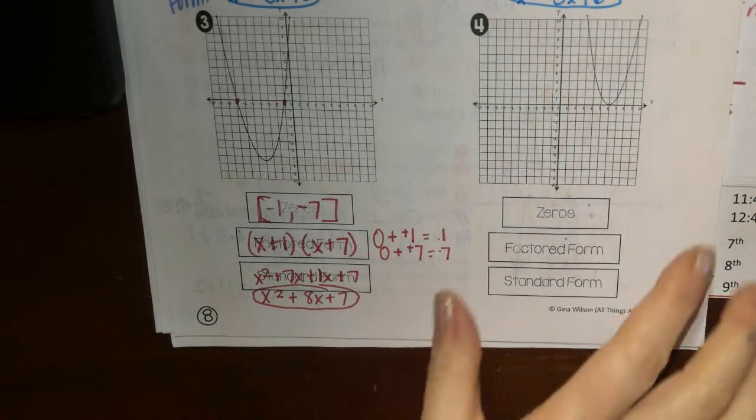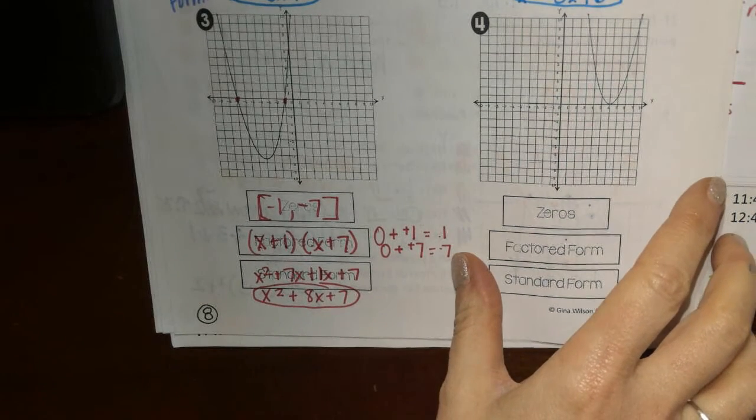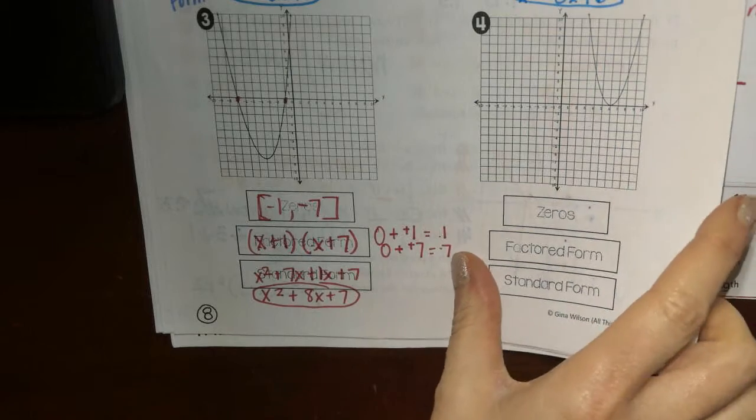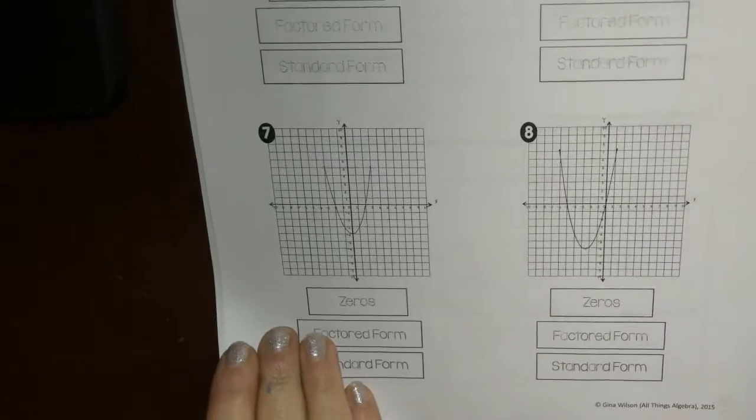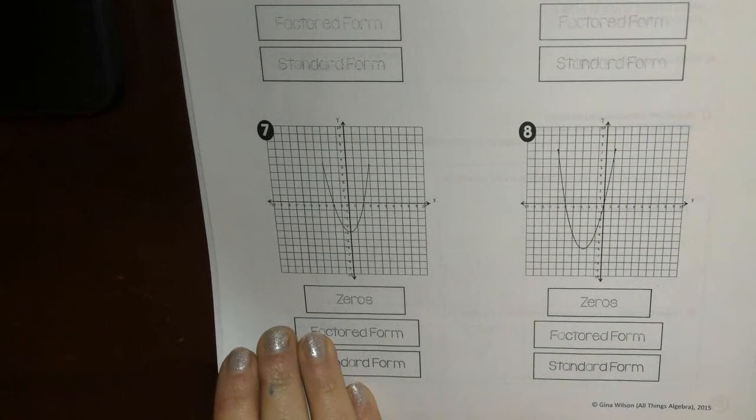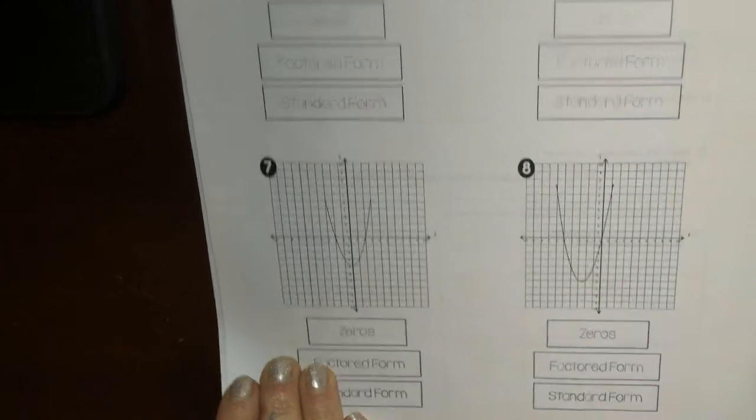We're going to skip number 4 and go to number 5.